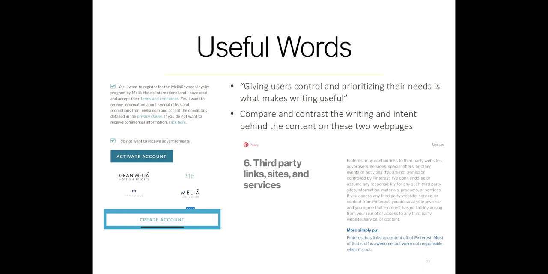Here's some of their ideas on what genuinely useful words are. So you want to give users control and help them prioritize their needs. That's what really makes writing useful. So compare and contrast the writing and intent behind the content on these two sets of web pages. On the left-hand side, we have, yes, I want to register for the loyalty program by Mealy Hotels International.